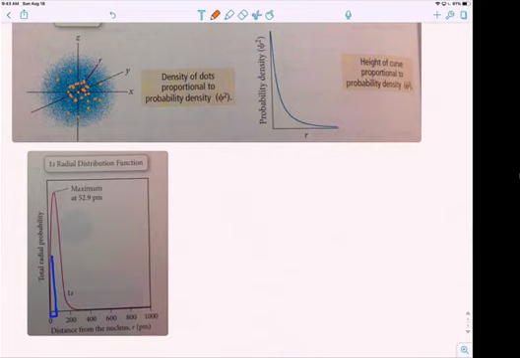Then you look at the radial distribution function. You slice an atom up by looking at spheres as it's going through, and you get this here, the radial distribution function, where the y-axis is the total probability and the x-axis is the distance from the nucleus. And notice you have a rise right here, which means the electron actually spends time in the nucleus.